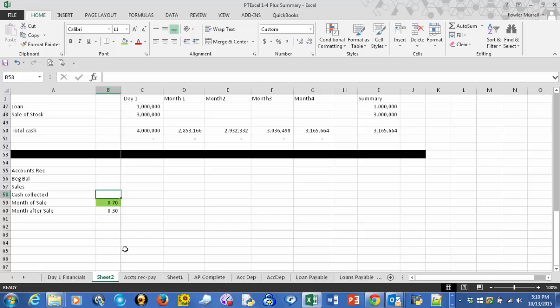All right, so let's get started putting this together. Well, let's finish up our rows. The total of those 2 months, month of sale, month after sale, is total cash collected.